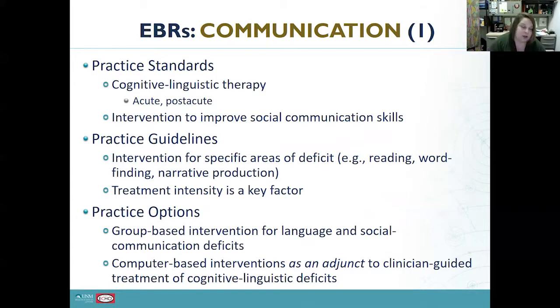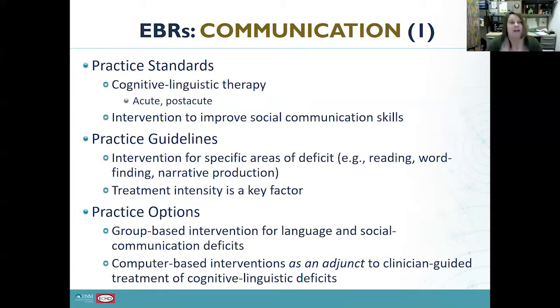So at the top is our standard, and our lowest evidence is practice options. But for communication, they do recommend, especially in acute and post-acute stages, cognitive linguistic therapy that can include a number of things. I'll show you some sample goals and tasks to improve social communication skills.